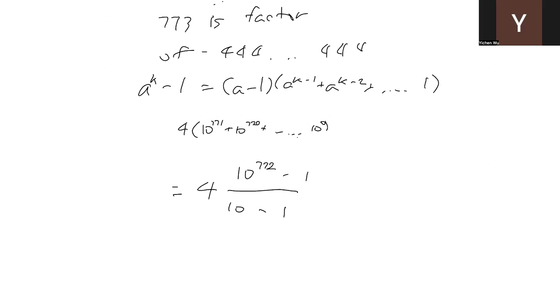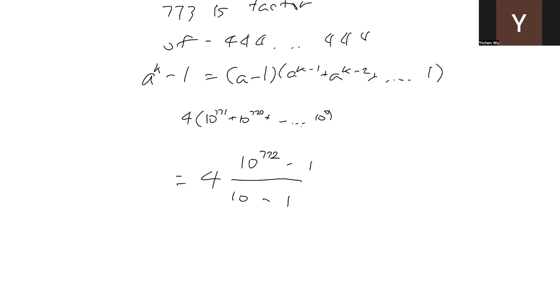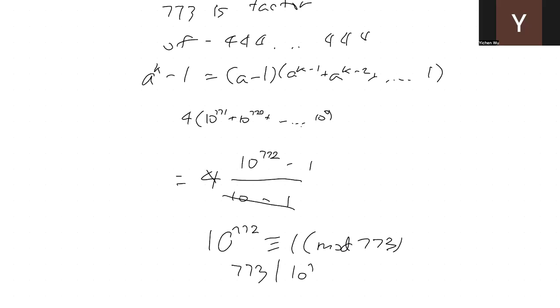So after you know about FLT, 10 to the 772th power equals 1 mod 773 just by FLT. So 773 is a factor of 10 to the 772 minus 1. And this just completes this proof.